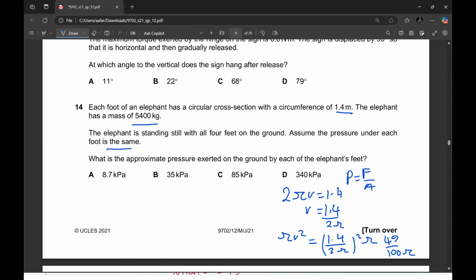So the cross-section area of 4 feet will be times 4, which is 49 over 25 pi. And this is the area. So the force will be 5,400 times 9.81, which is the weight. Dividing by 49 over 25 pi, this will be the pressure on all the 4 feet.